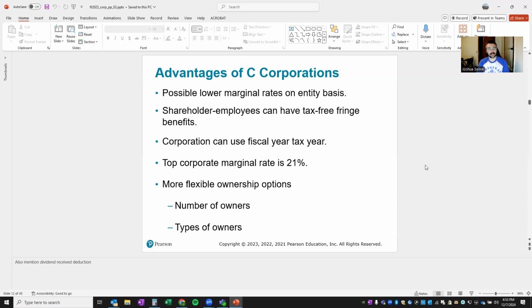Shareholder employees can have tax-free fringe benefits because they are employees. Corporation can use a fiscal year tax year, meaning you can kind of pick and choose. There's got to be a business reason for it, but if you want your tax year ending on 6/30, you can do that. Top corporate marginal rate is 21%, more flexible ownership options. You can have various numbers of owners, various types of owners, various types of stock.